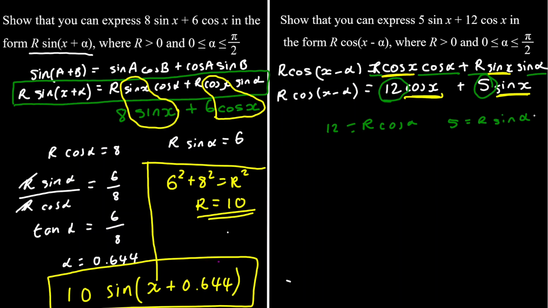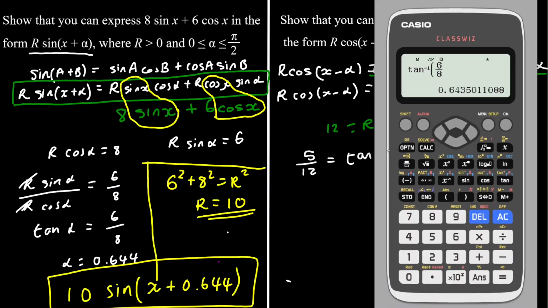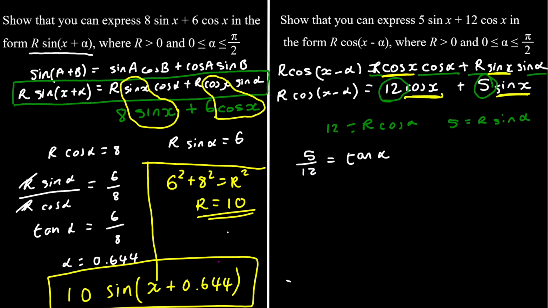To find alpha, we do sine over cos. So our sine equation divided by our cos equation, so that'd be 5/12 equals tan alpha. Shift tan 5/12, 0.395.